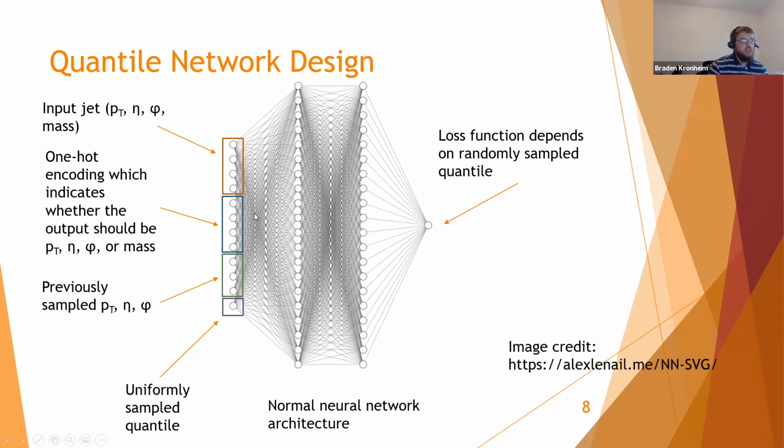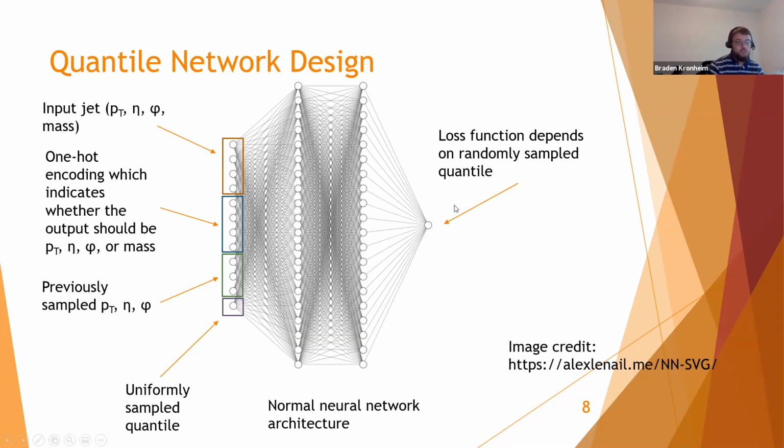The nice thing about this is that once you have this decomposition, you can just use a normal neural network architecture. You can have however many dense layers you want, however many perceptrons per layer, whatever activation function you want. Then you just output a single value, and the loss function is determined by this quantile that you put in here. The only somewhat weird thing is you have to be able to pass this information directly to the loss function, but it's not too bad.